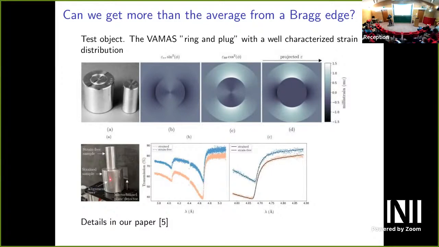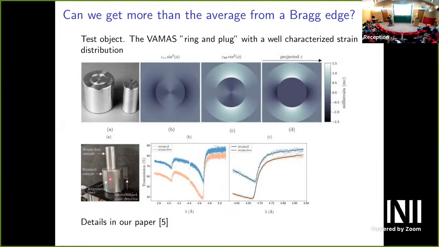Okay, so yeah, this is work we actually did experimentally at the ISIS neutron source, and we have this sample which is a ring and plug. It's a slightly eccentric plug that they cooled down or heated up the ring, popped it in, and let it equilibrate in temperature, so it's got some strain locked in it, right?